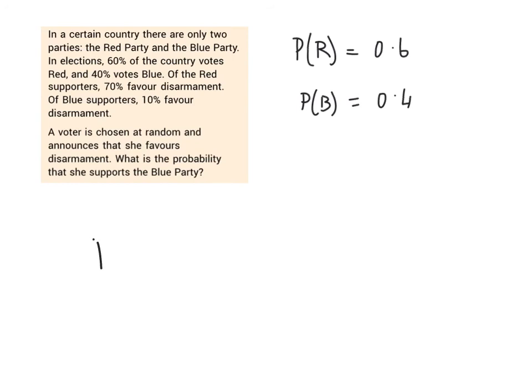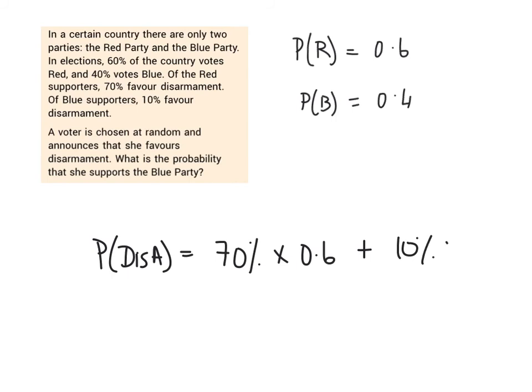So here we have P of disarmament, D, is equal to 70% of red, so 70% of means multiplied by 0.6, plus 10% of, again meaning multiplied by 0.4, which gives us 0.42 plus 0.04, which is an answer of 0.46.